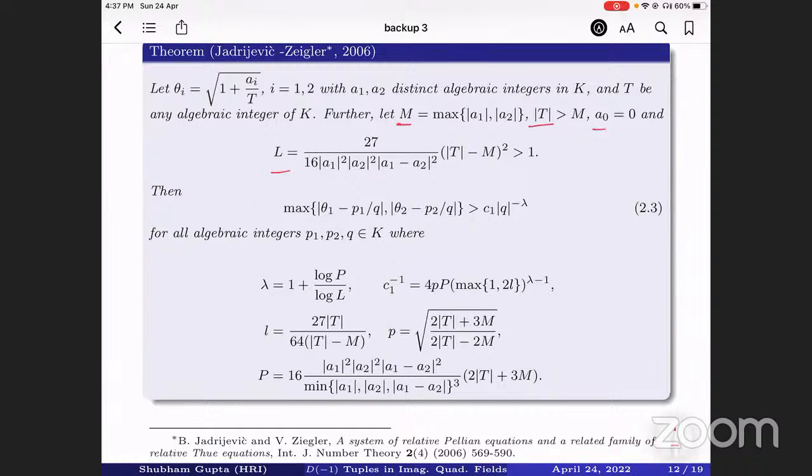Then for all algebraic integers p_1, p_2 and q belonging to K, we can get this inequality, where lambda, C_1 inverse, L and P are like this.